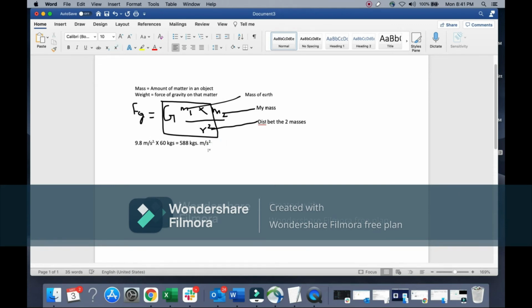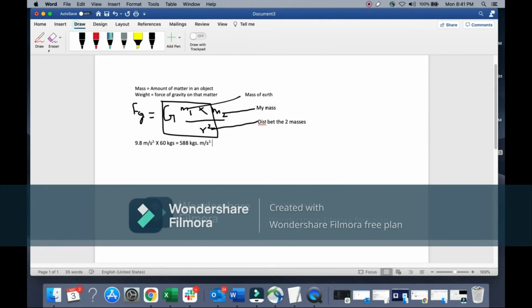And this unit, kilograms meter per second square, is the same as newtons.